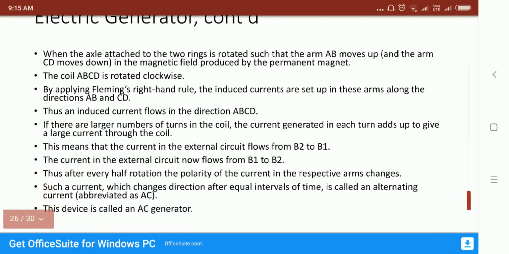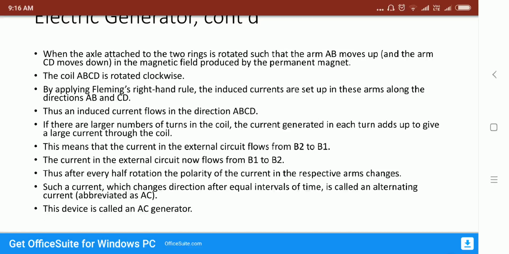Here, the axle attached to the two rings is rotated such that the AB arm moves in the up direction, so the CD arm moves in the down direction. It means we are providing a clockwise rotation in the magnetic field, which is present between the permanent magnets. So the ABCD coil is rotated in the clockwise direction.